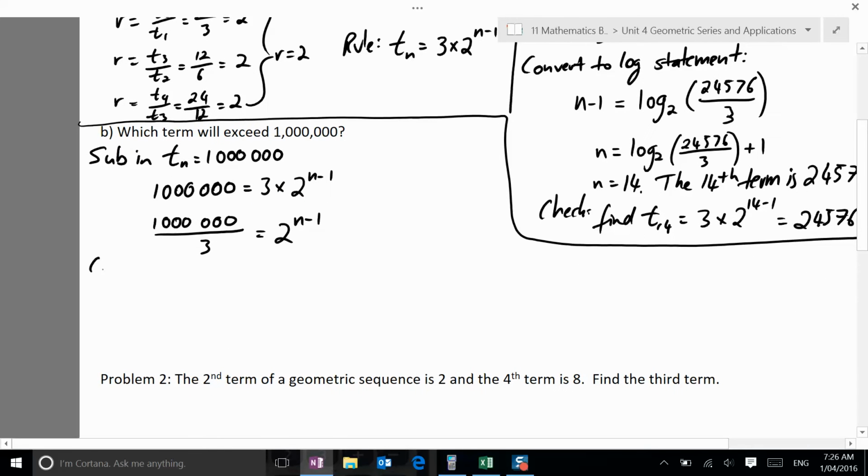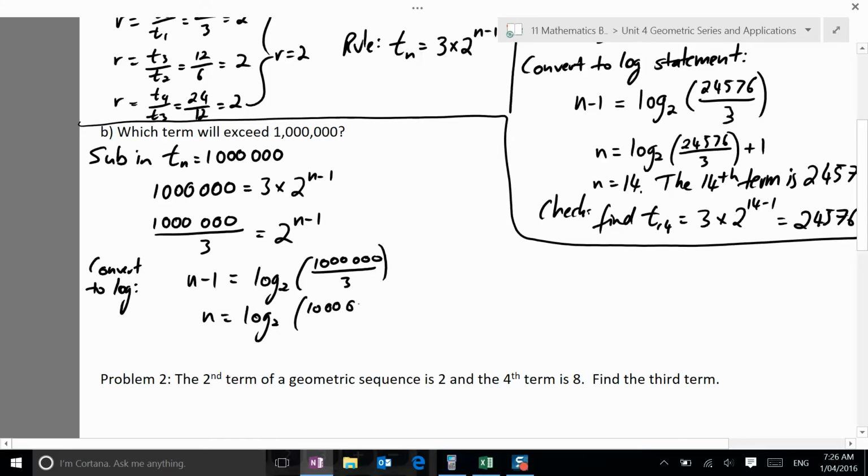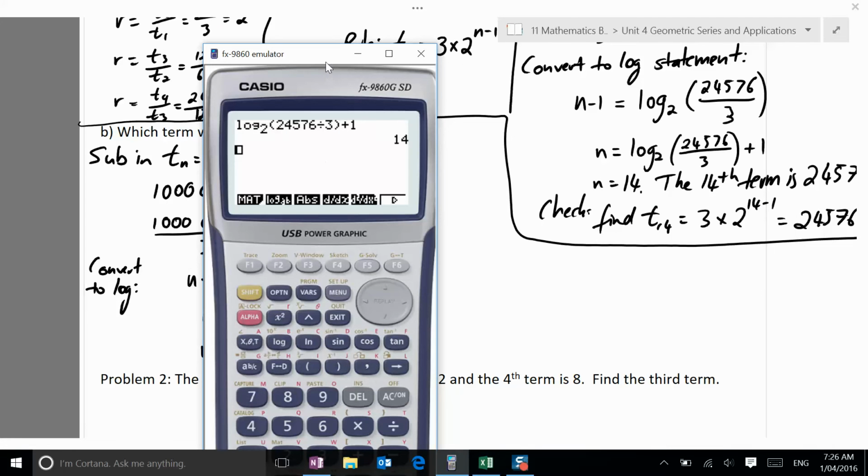Okay, convert to log, and then I'm going to add 1. This should be routine by now. If you're amazed by this solving using logs, you shouldn't be. It should be like taking a dog for a walk.